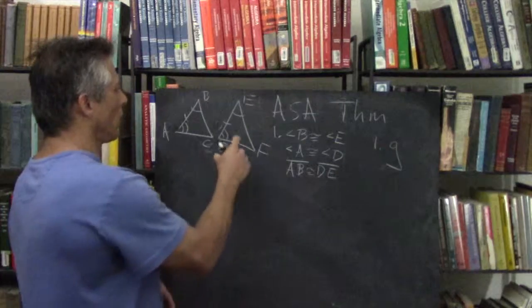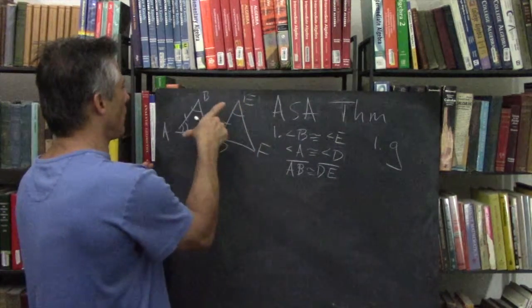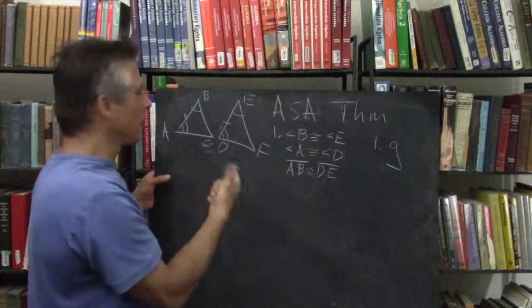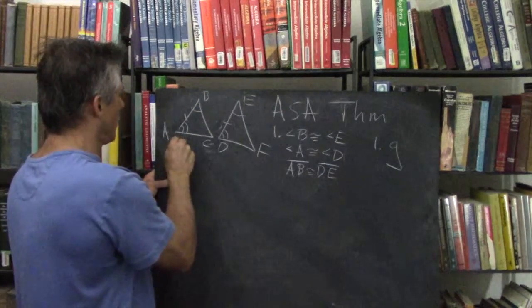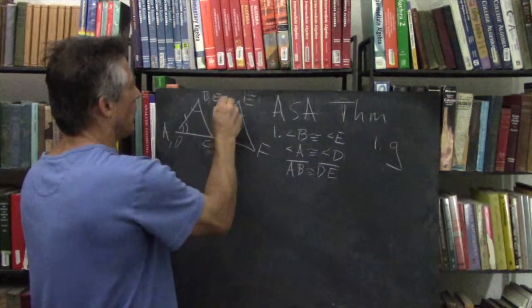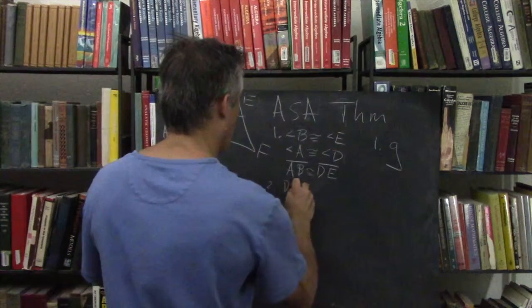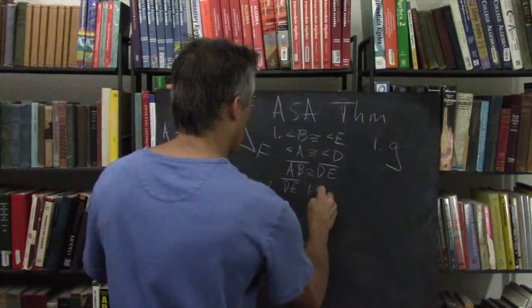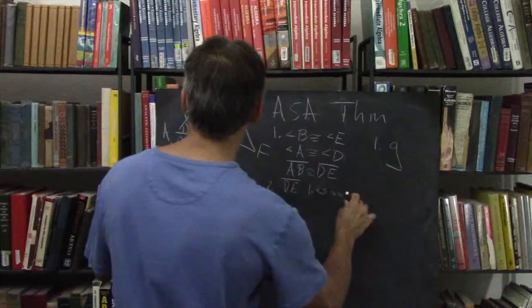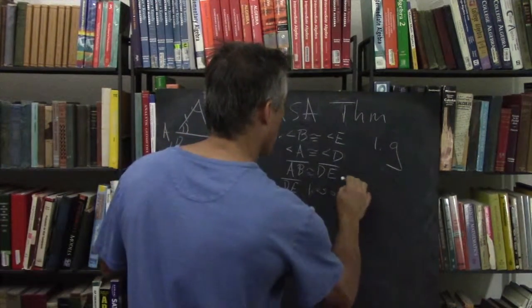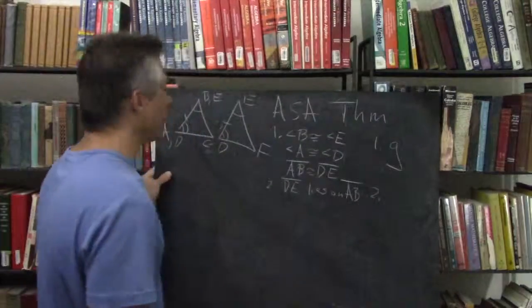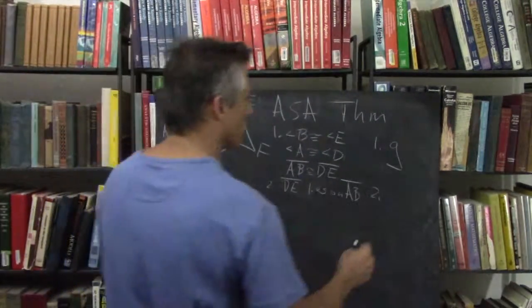Now, we get DE and place it on top of AB because they're congruent. So and that's going to be definition segment congruence.